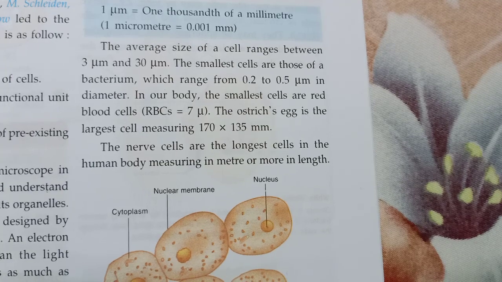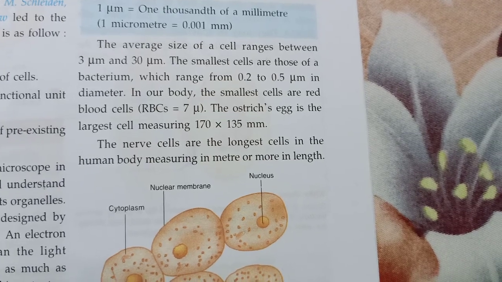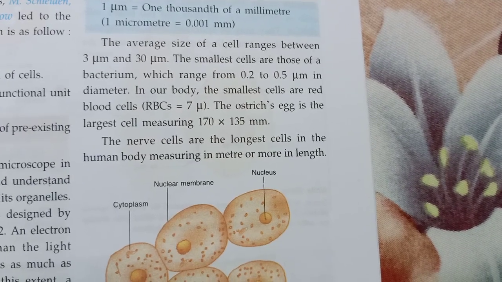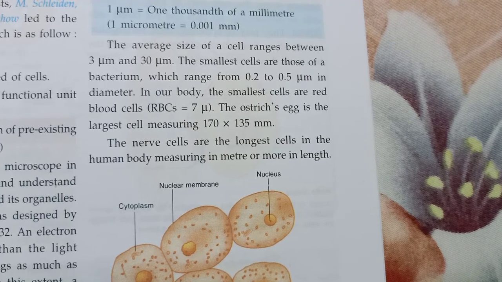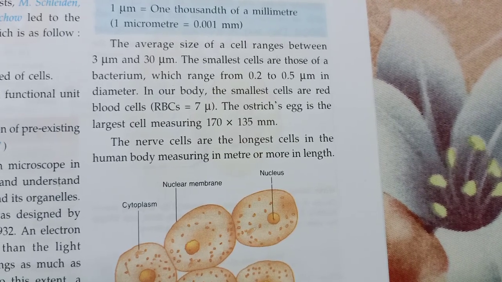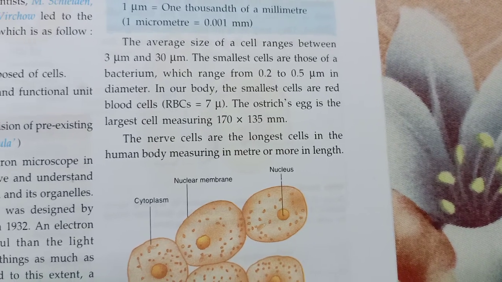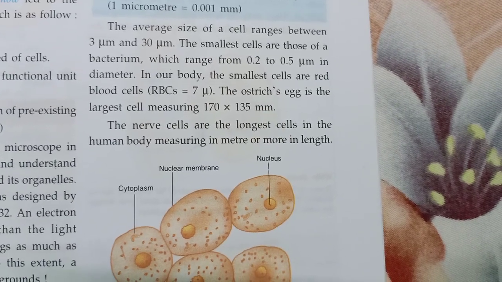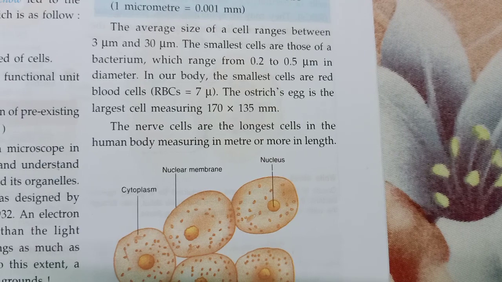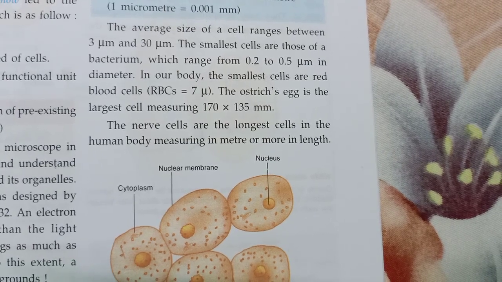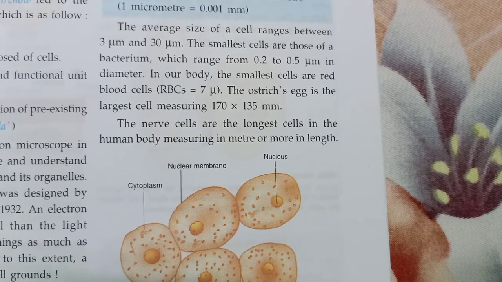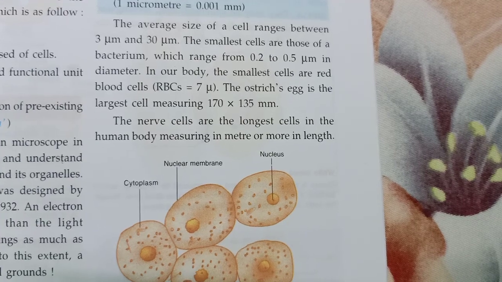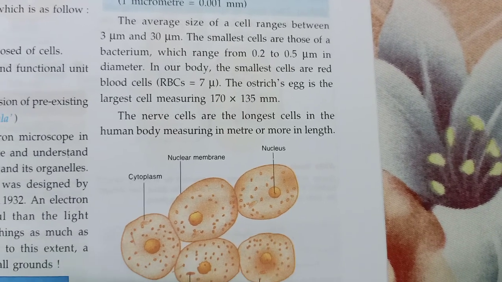The ostrich egg is the largest cell, measuring 170 by 135 millimeters. So this ostrich egg is known to be the largest cell. The nerve cells are the longest cells in the human body, measuring a meter or more in length. So the nerve cell is the longest cell present in our human body.